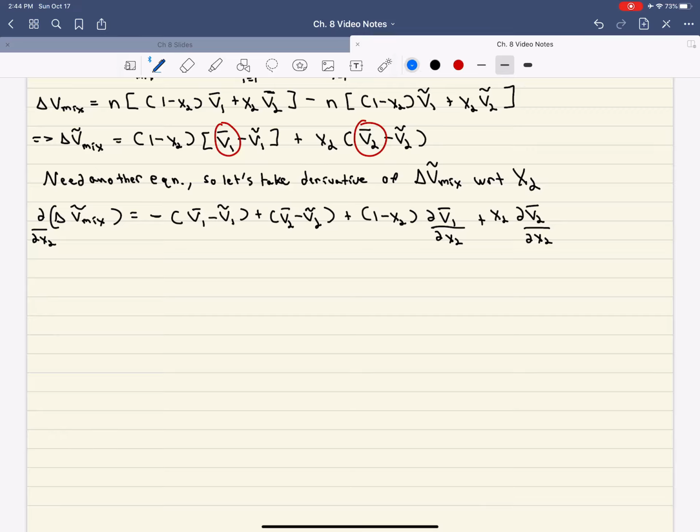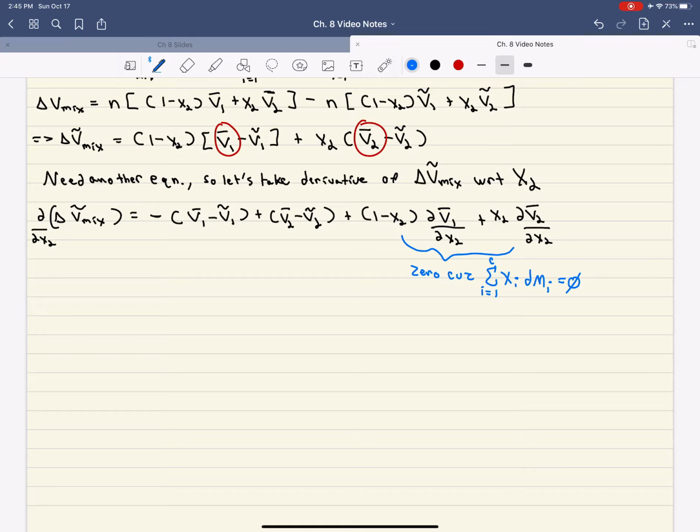But for these terms in the back here, we actually don't need to worry about them, because we could go back to our Gibbs-Duhem relationship, which told us that at constant temperature and pressure, the sum of xi times d of the molar property i is just equal to 0.